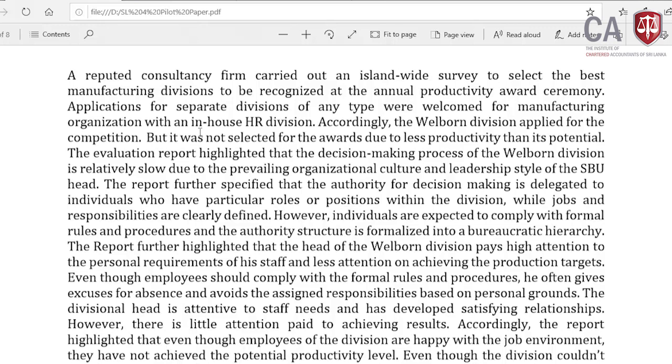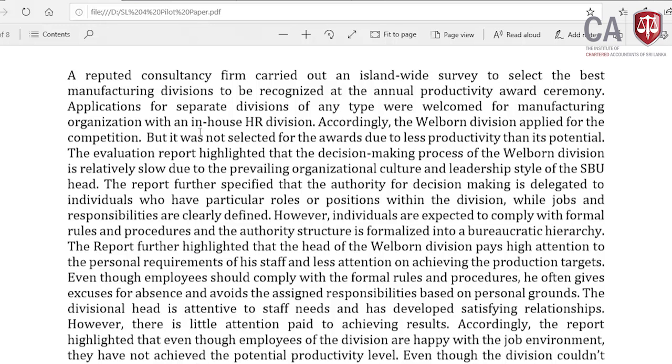This Wellborn was not selected for the award due to being less productive than its potential. The evaluation report highlighted that the decision making process of the Wellborn division is relatively slow due to the prevailing organizational culture. That gives some information. Decision making is very slow because of the prevailing organizational culture and leadership style of the SBU head.